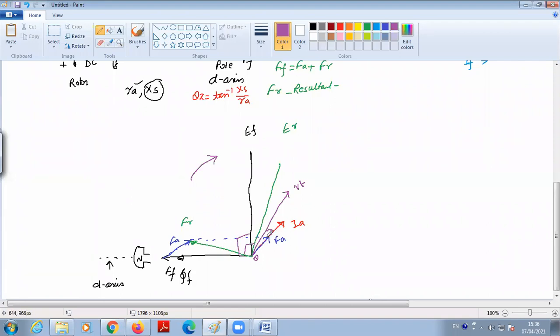So definitely armature MMF or armature reaction MMF also produces some EMF which is lagging by 90 degrees. So where will be the 90 degree lagging? This is the direction, and therefore it will produce some EMF lagging by 90 degrees. So EAR we will represent as the EMF induced because of armature reaction.